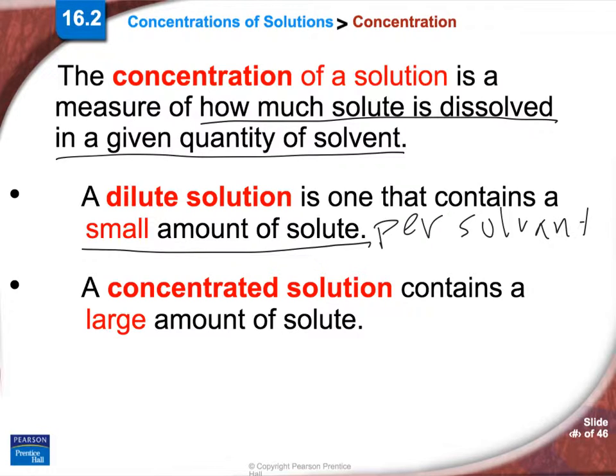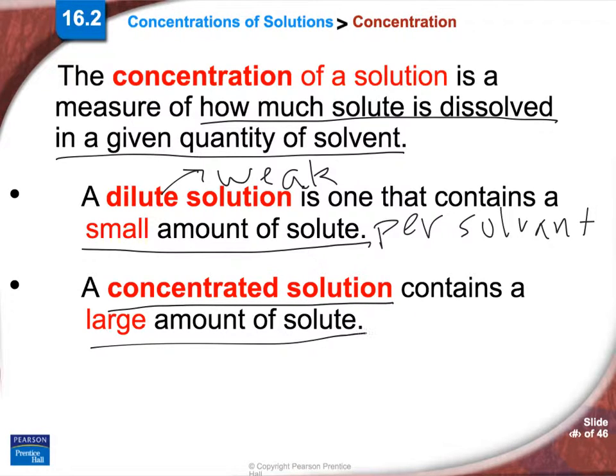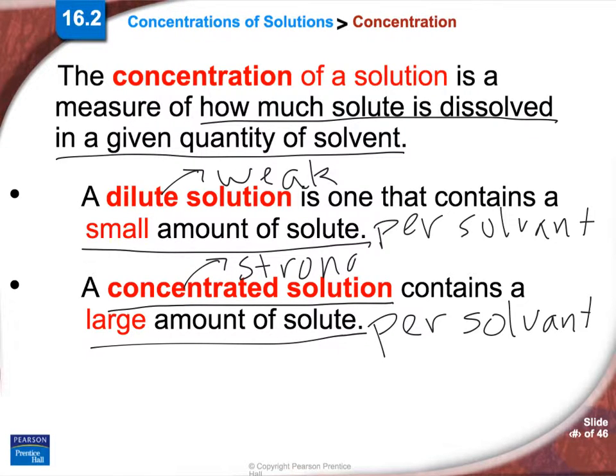We also sometimes call this a weak solution. We also have concentrated solutions, which are a large amount of solute, again, per solvent. And sometimes we call these strong solutions. So go ahead and pause the video here to get all of this written down.